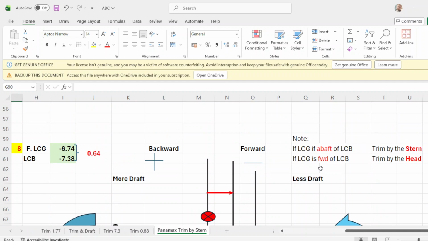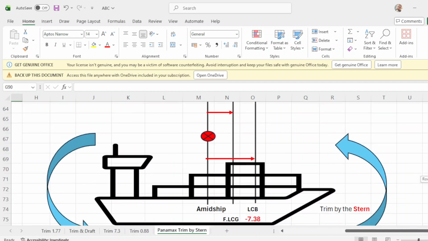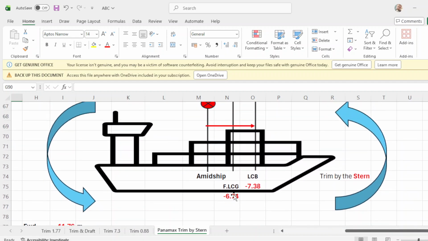But if your LCG is forward of LCB, then trim by the head. But look, LCG is not forward of LCB. It is behind. That's why it should be trimmed by the stern.